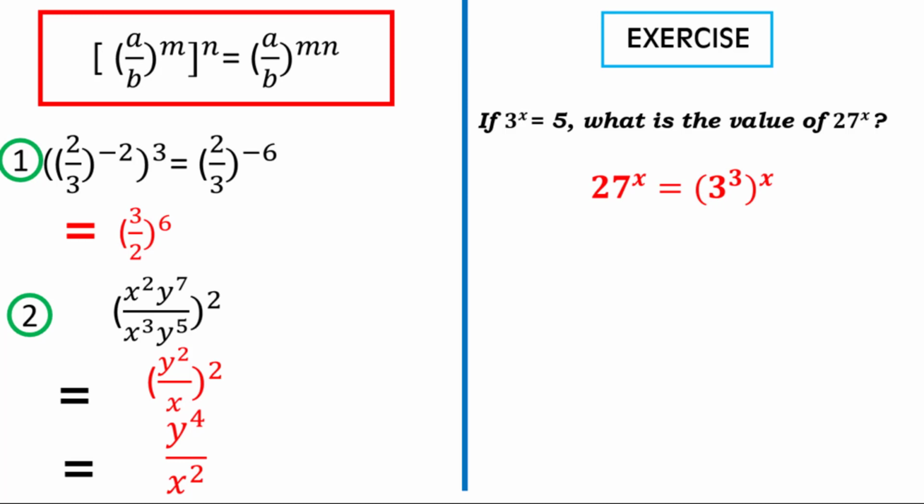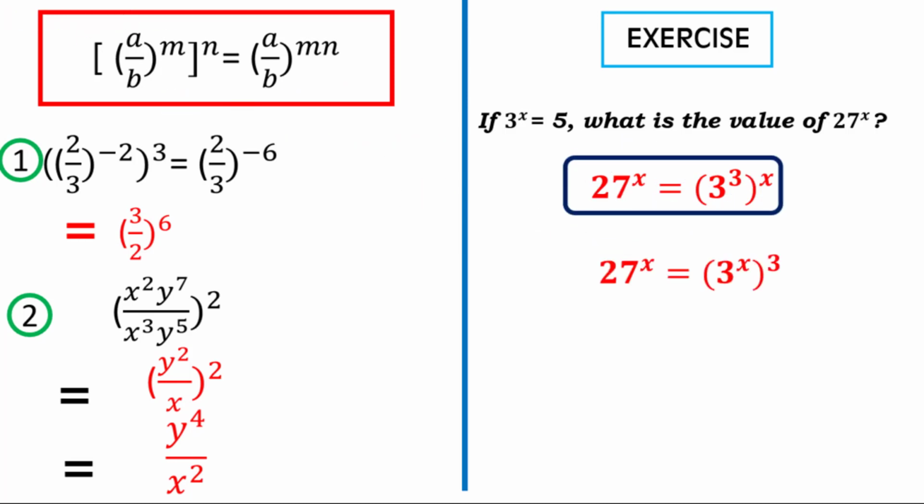We can write 27 raised to the power x as (3 raised to the power 3) all to the power x, because 27 can be written in exponential form as 3 cubed. But we can switch x and 3, because of the commutative property for multiplication, when we multiply the two powers. We can write it as (3 raised to the power x) all cubed.